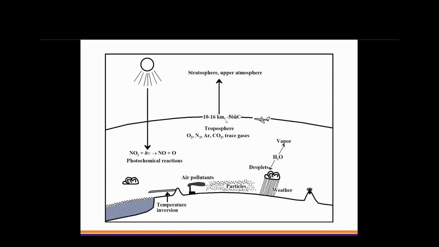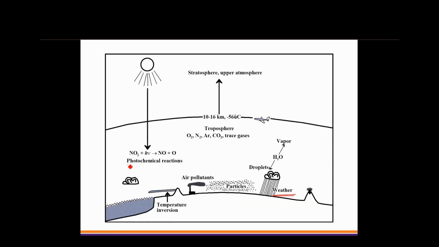Okay, so it's only about 10 to 16 kilometers. Above here we have the stratosphere, and in the troposphere we have so many types of gases: oxygen, nitrogen, argon, carbon dioxide, and trace gases. And here many weather transformations occur, from raining to hot to snowing.